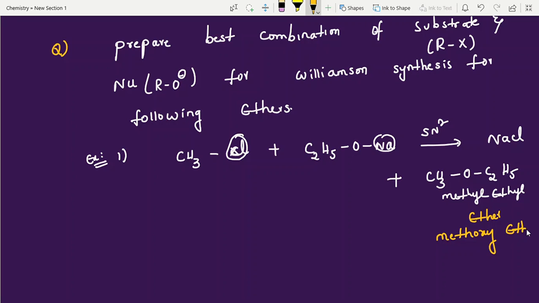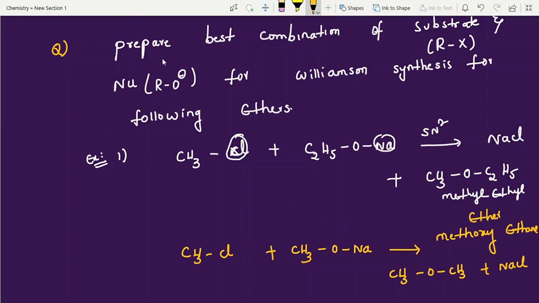It is an unsymmetrical ether. Suppose if you want symmetrical ethers, CH3Cl plus the same R group, CH3ONa, gives rise to CH3OCH3 plus NaCl. This is the way we are preparing.